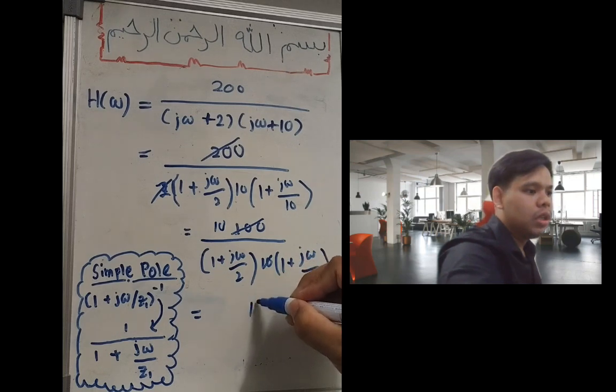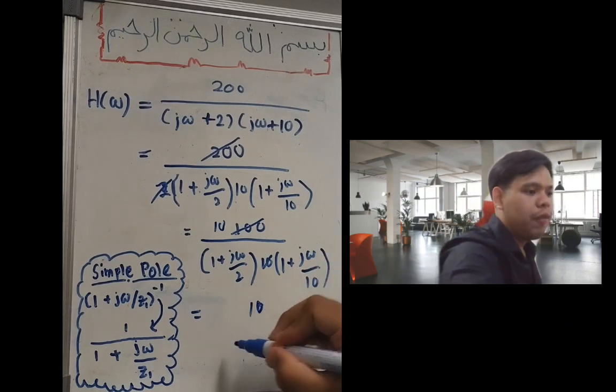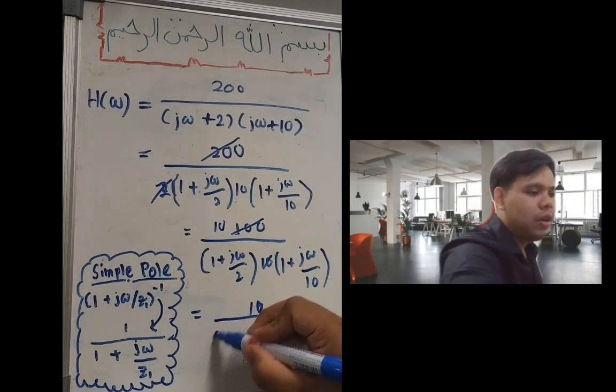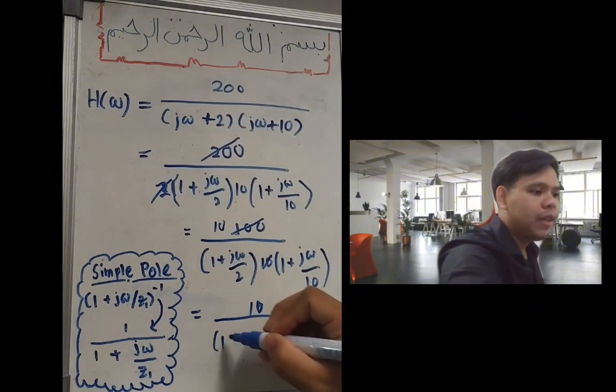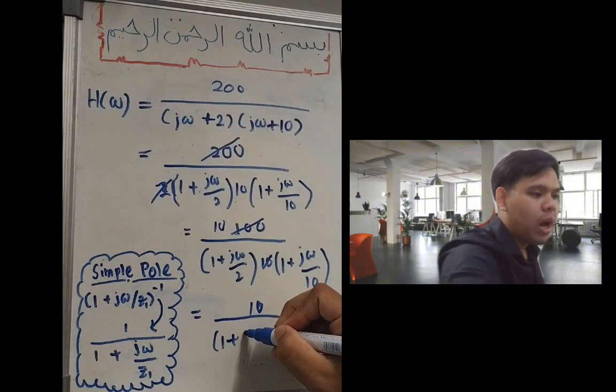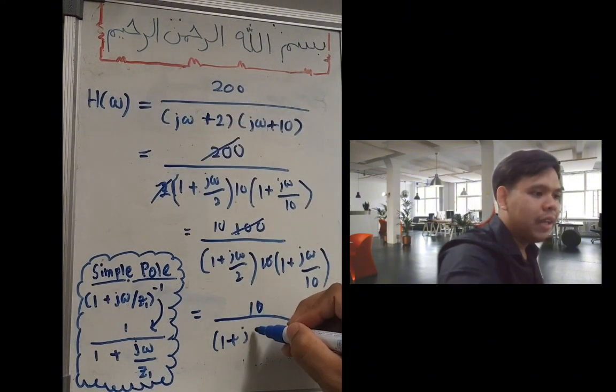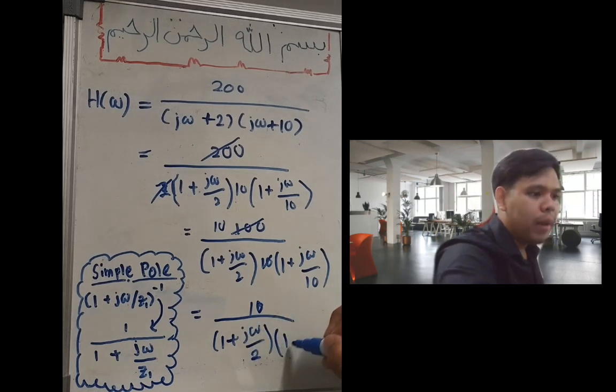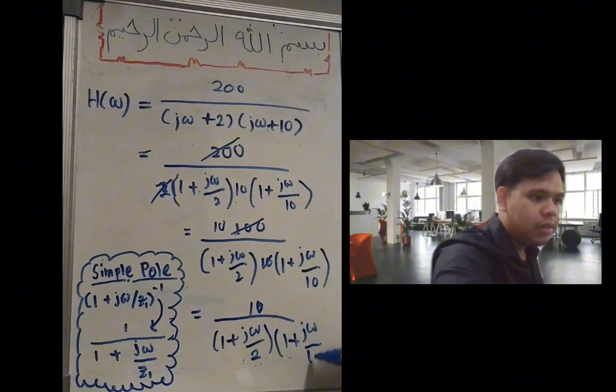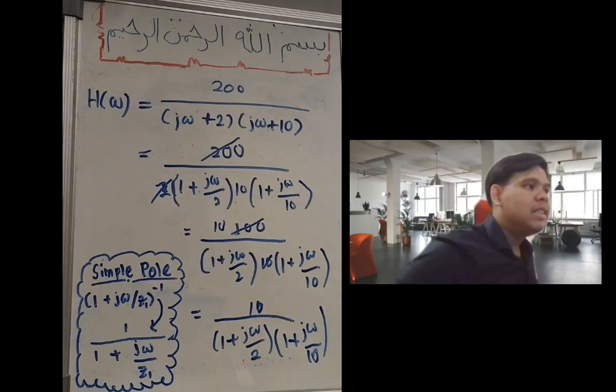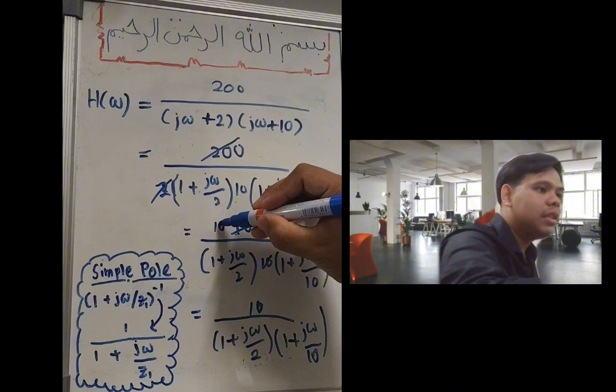So the final answer for the transfer function is 10 divided by (1 plus j omega divided by 2)(1 plus j omega divided by 10). Okay, so this is the transfer function equation.